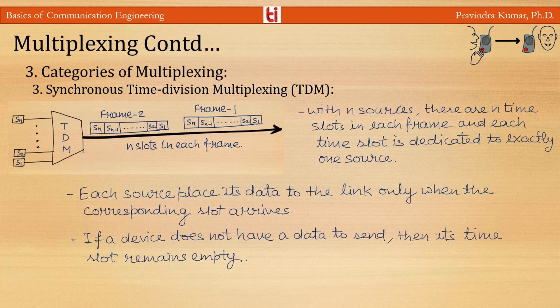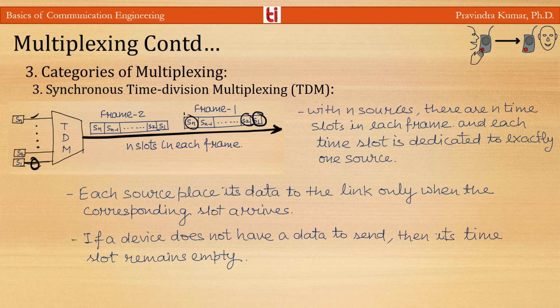Both multiplexing and demultiplexing operation for synchronous TDM. So here you can see, if we are having n sources, this TDM system scans one by one from S1 to Sn, for a fixed time for each, and during the scan time S1 transmits its bits, and similarly S2 to Sn.